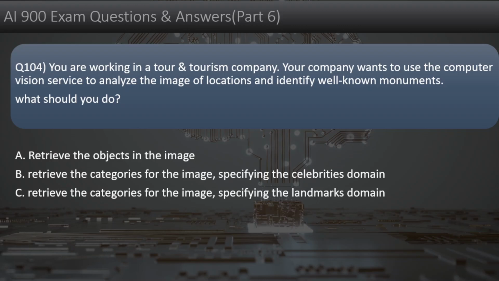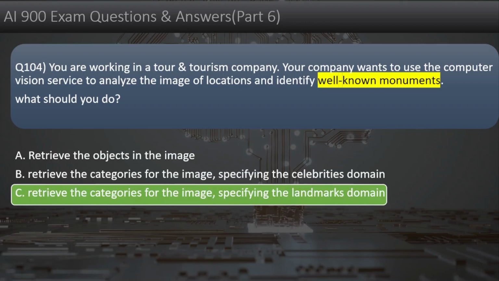Option C, retrieve the categories for the image specifying the landmark's domain. The correct answer is option C, because in the question it's specified we want to get the well-known monument details. So the option is C.